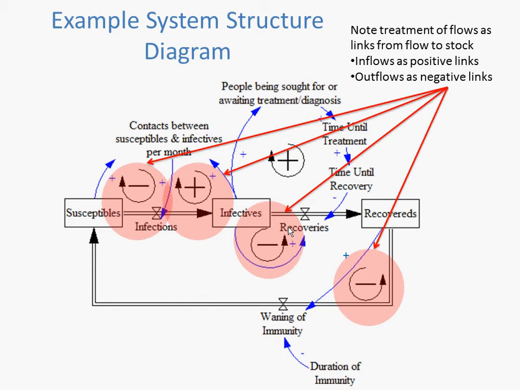So, for example, the relationship between infections on the one hand and susceptibles, we'd expect to see that within a causal loop diagram. Could anyone tell me the polarity associated with that relationship between infections and susceptibles? What polarity would that hold within a causal loop diagram?